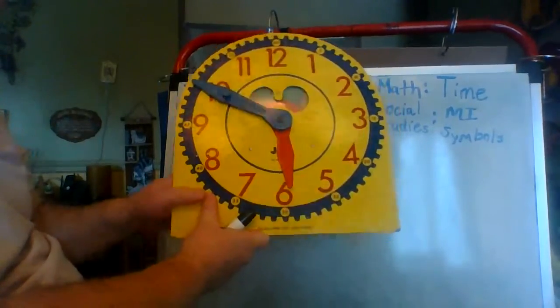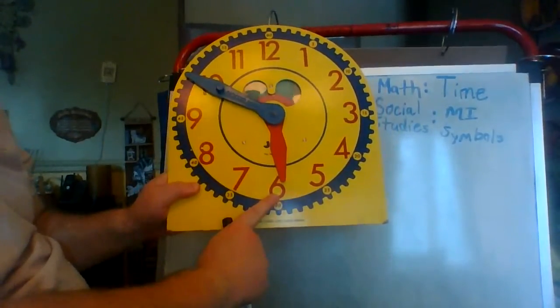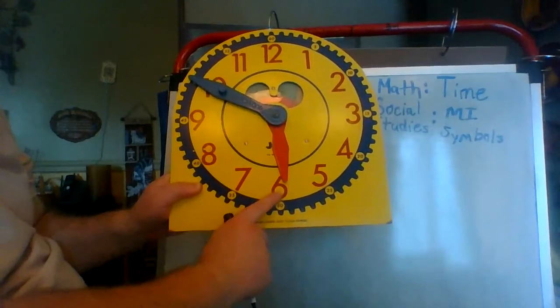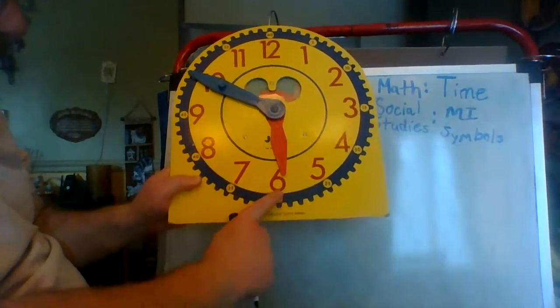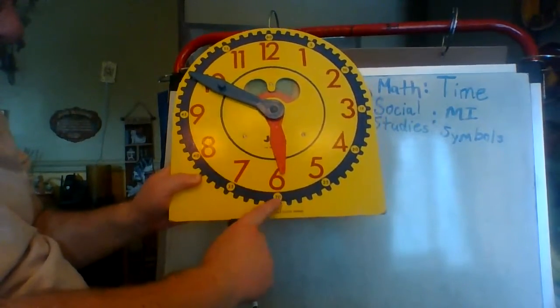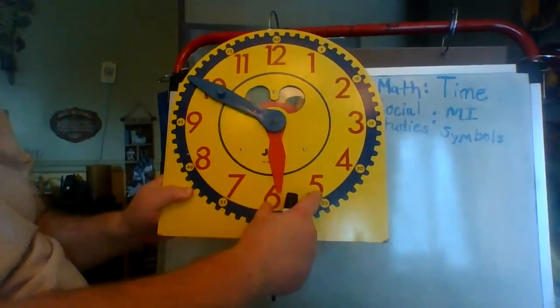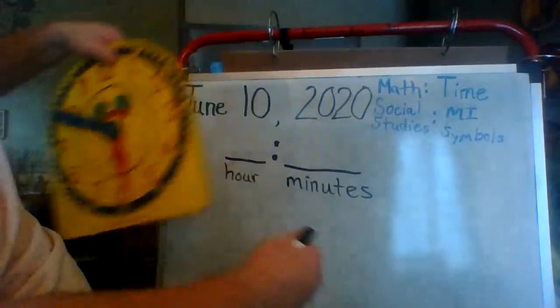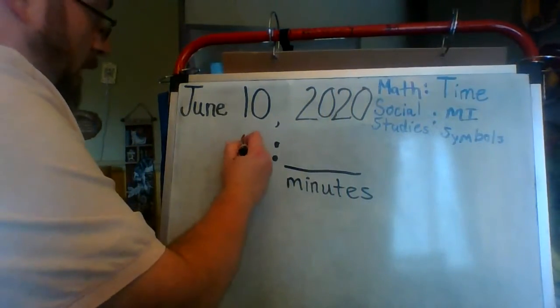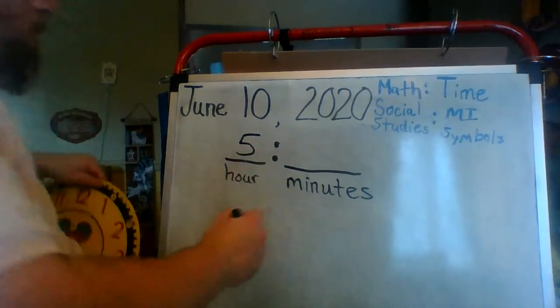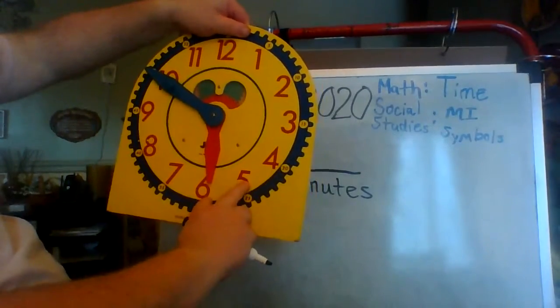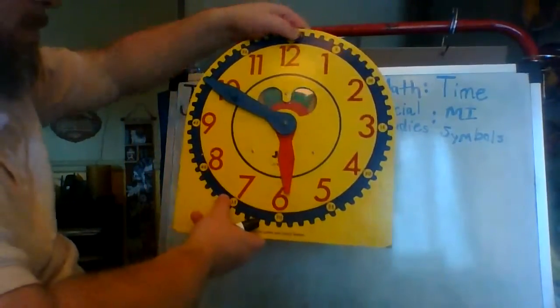The hour hand is getting really close to the 6, almost touching it. But it's not straight in line with this dash, which means it's in between the 5 and 6, which means I'm in the hour of 5. It's in between the two. It hasn't touched the 6 yet.